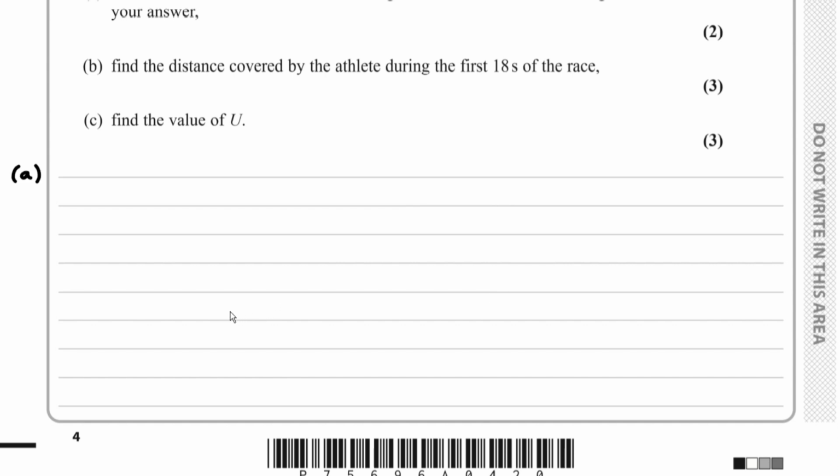Therefore, for part A, the acceleration a is equal to 10 divided by 4, which is equal to 2.5, so the acceleration is 2.5 meters per second squared.